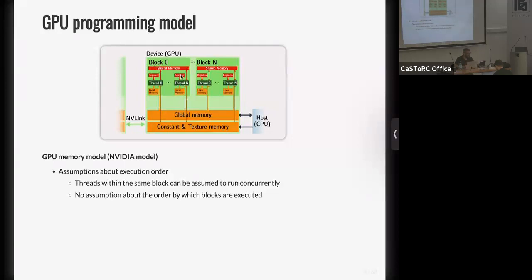And we don't have this kind of shared memory in this problem. Why? Because each thread will just read one element of X and one element of Y and put it back in the same element of Y.